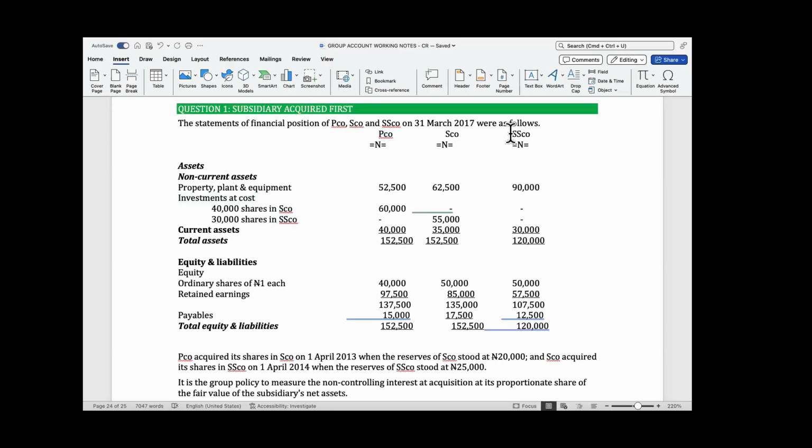However, for SSCO coming into the picture, PICO does not have any holding in SSCO directly, but it has an indirect holding in SSCO by virtue of its holding in ESCO. And on that basis, we will need to find how we want to consolidate SSCO based on PICO's indirect holding in SSCO.